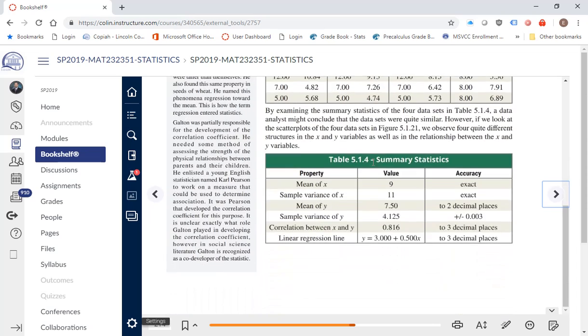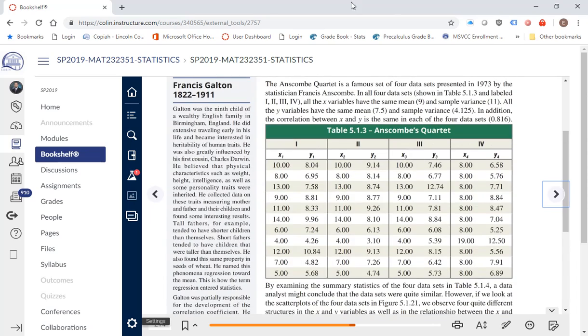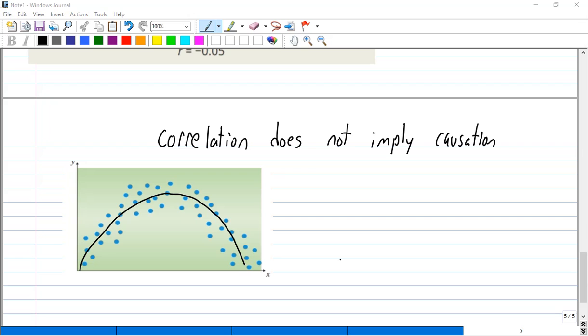A lot of stuff there. The more values you have, the harder it's going to be to calculate that by hand. So you might want to take advantage of any kind of technology that you can use. All right, moving on to the next section.